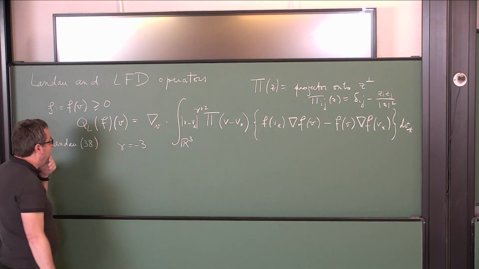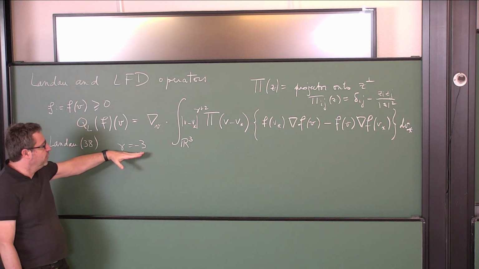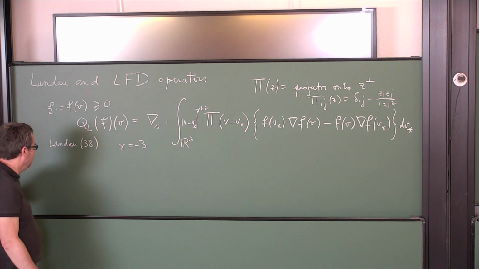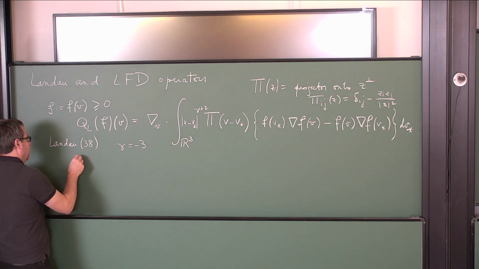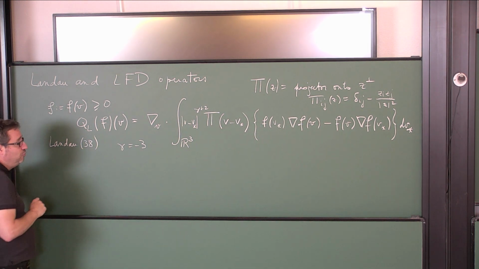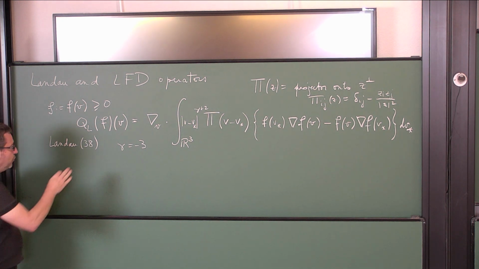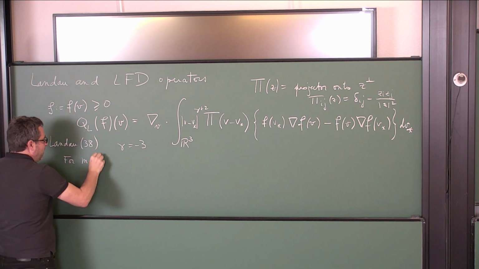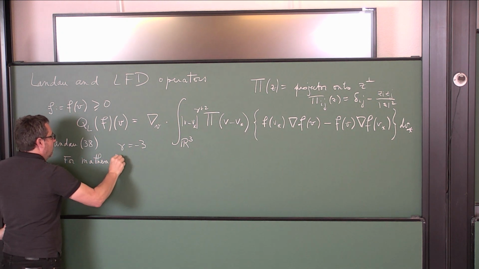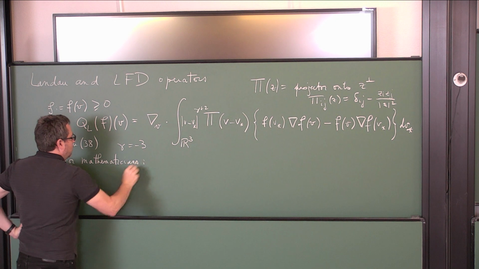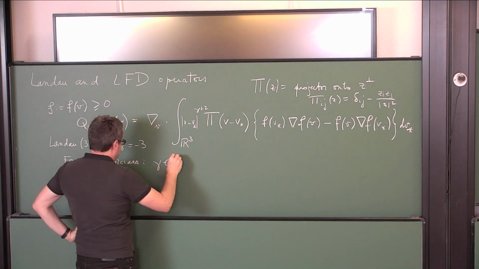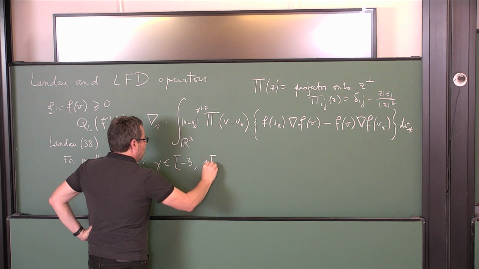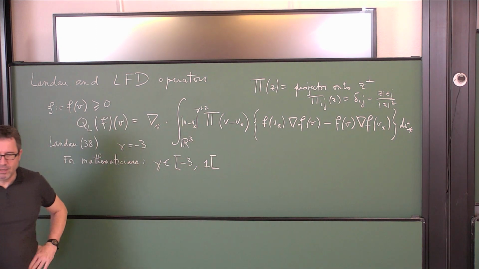So the point is that though this is the most important case and maybe the only important case, actually the mathematicians are used to consider parameters which are not only this one. So this is only, let's say, for mathematicians. And they take usually gamma between minus 3 and 1, included or not.